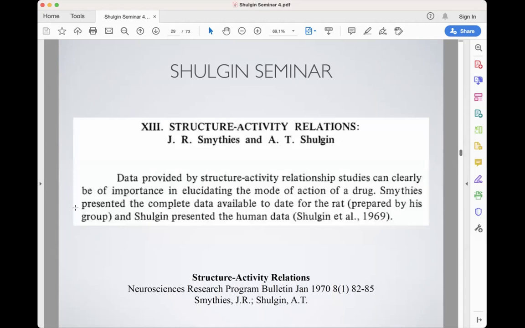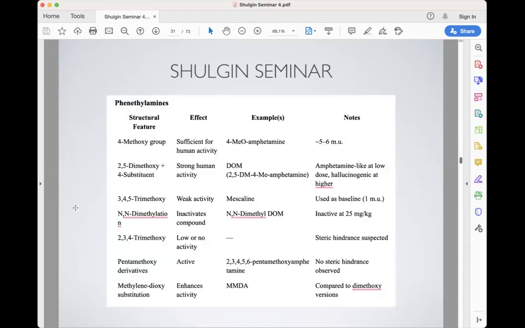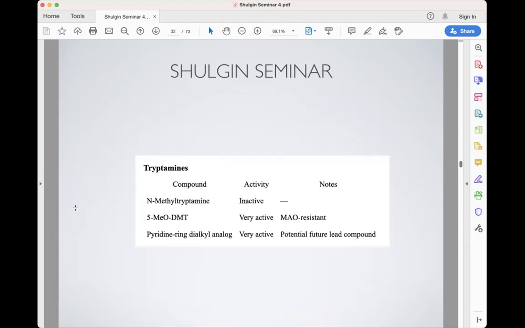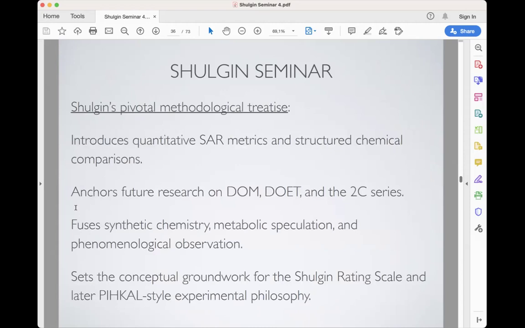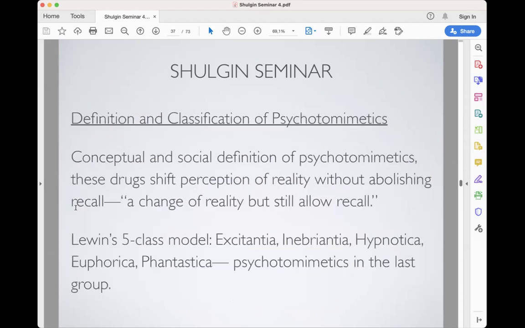All right, and then it is developed further on, and I think we could discuss the details, but I don't think we have enough time to do that. So the only thing that maybe I would like to discuss at the moment is this third paper, Chemistry and Structure Activity, the 1970 paper.